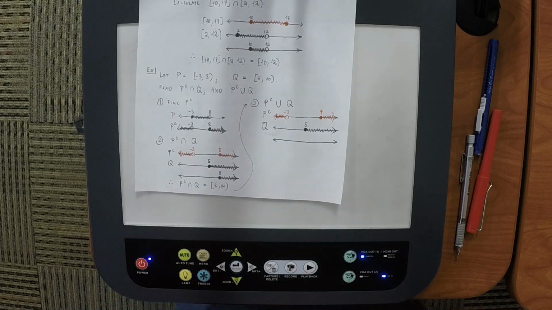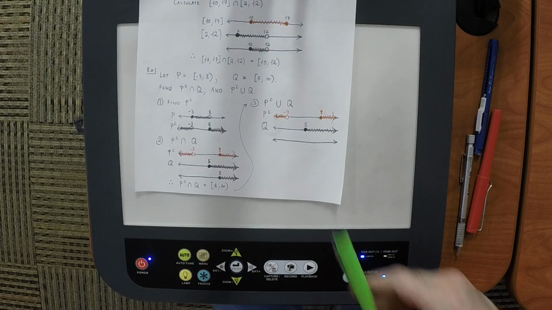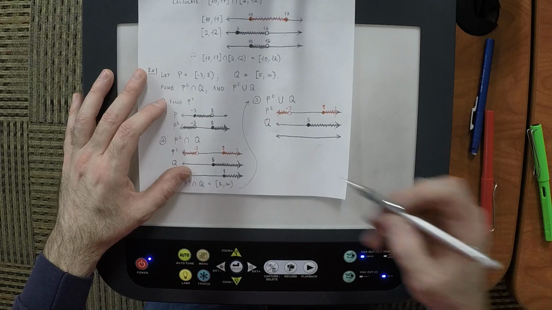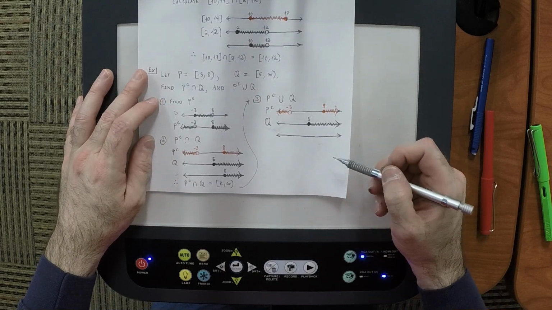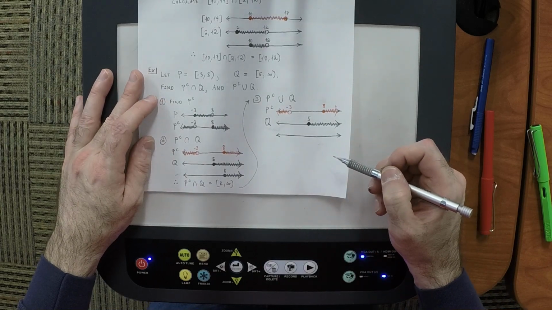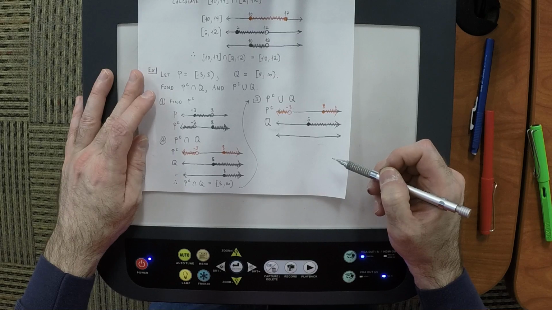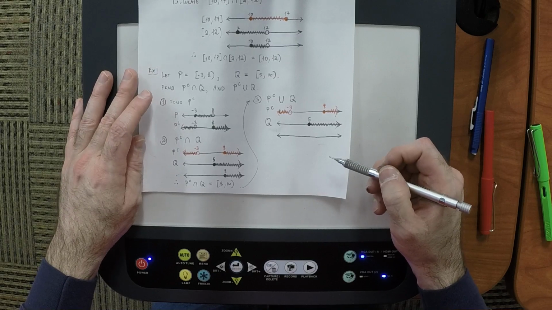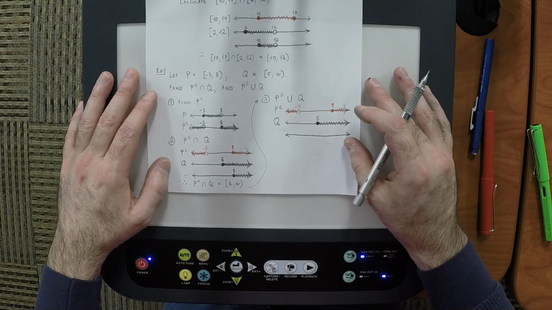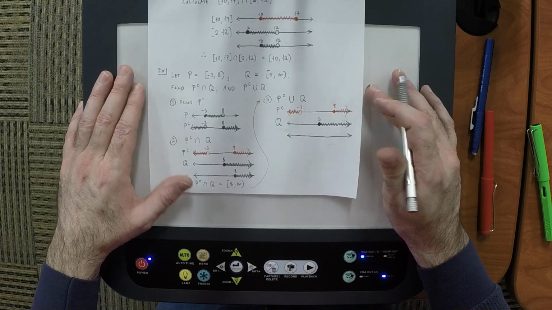Right. So now we want union. And so now what's the condition that we're looking for? Okay. So I'm not sure what you mean there.